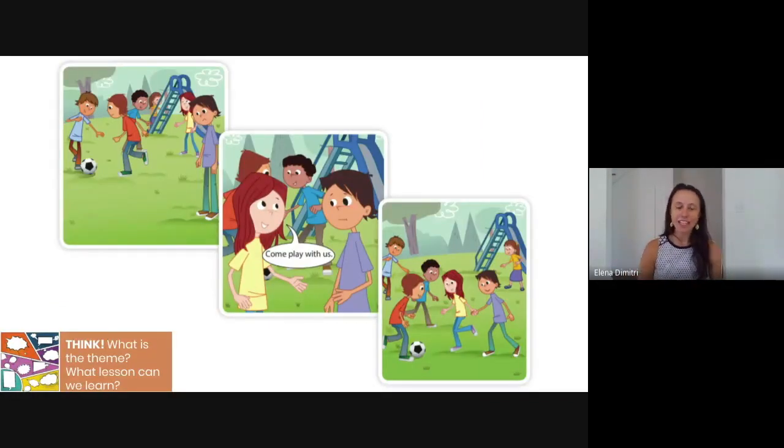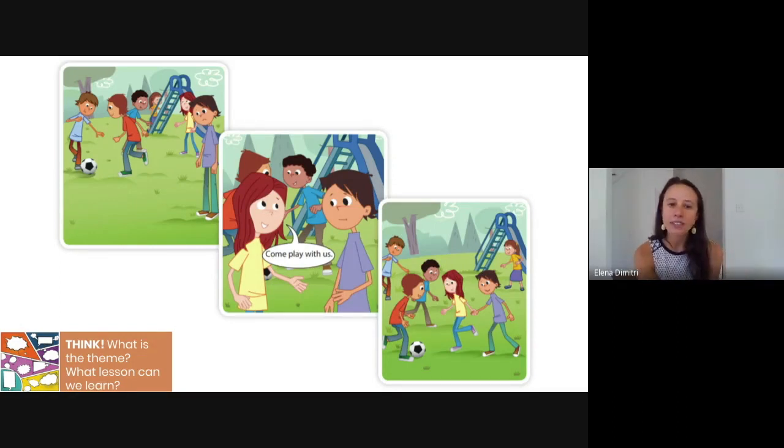All right, so here we have a set of 3 images. The first image, the second image, and the third. What we're going to be doing is analyzing these pictures. We're going to be looking at the characters and their actions and thinking about how they're feeling.